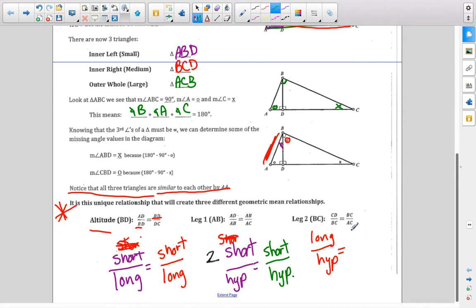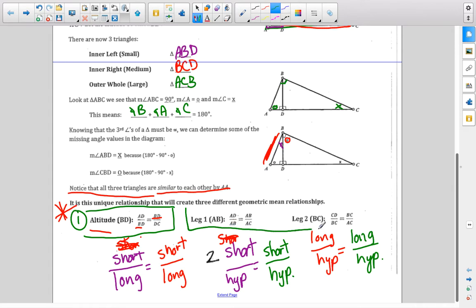So the long leg of the large triangle is to its hypotenuse. These break down into two different types of proportions. So first we have the altitude of the large triangle, and then we have the two sides of the large triangle.